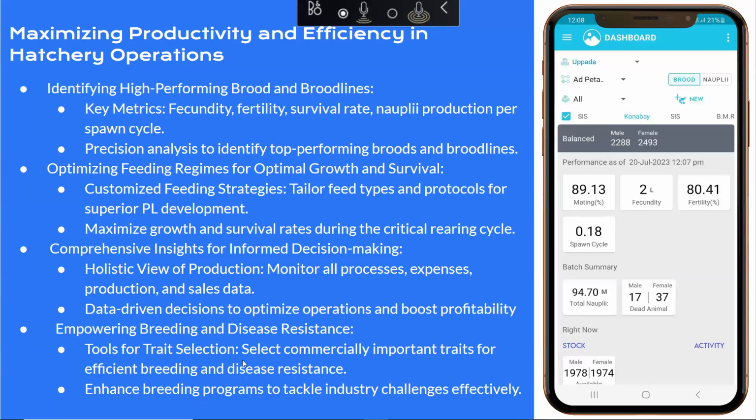And he never gets that information. With Blue Hatch, because it has integration with Blue Bay, we can also get that information and pass it on to the broodstock provider. They can work on building better genetics with better traits.